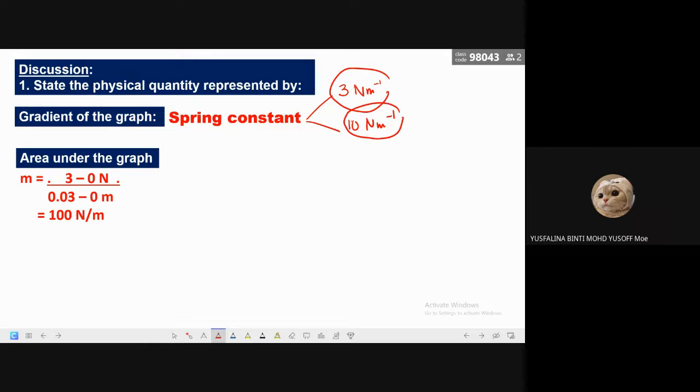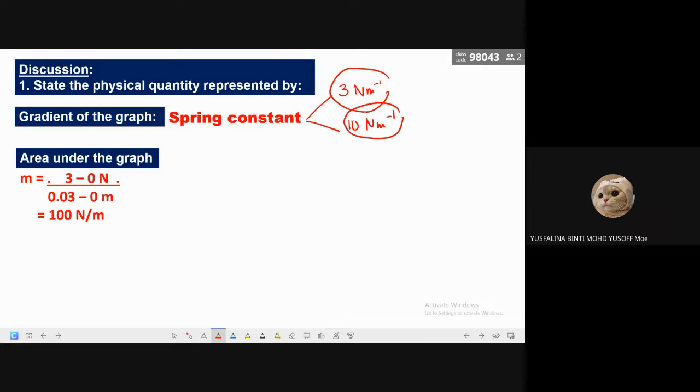3 and 10. So you need to know the higher the value of the spring constant, it means it's harder for you to stretch the spring, which means it needs more force. So if the value of your spring constant is high, you need more force to increase the length of the spring, to pull the spring, to stretch the spring.